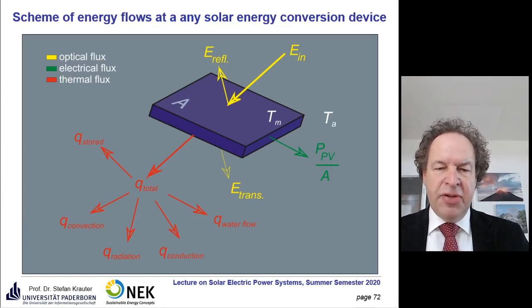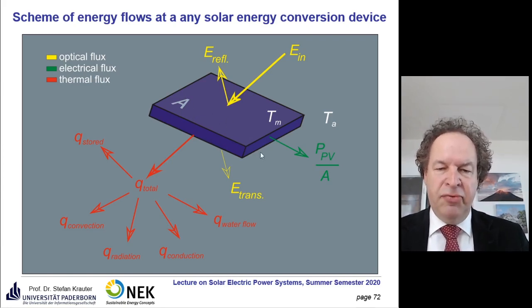In general, if you take a look at the scheme of energy flow, we have talked a lot about the incoming irradiance and some part is reflected. Then we have the solar energy converter here, which also requires some energy to be produced, the so-called gray energy.